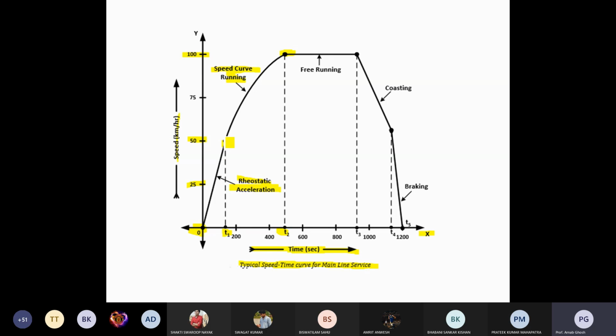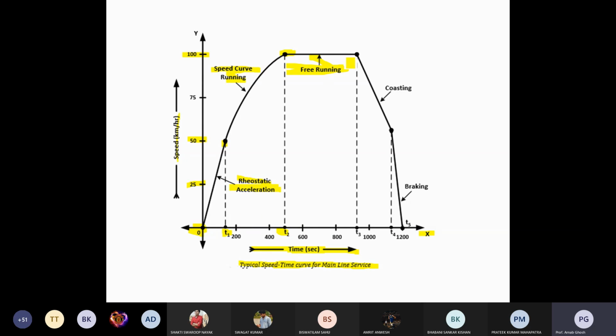After that you can think about the free running conditions. Free running condition means you are not able to change anything, it is running up to that value. Again you have to calculate how much distance is pending for the next station. After doing all those calculations, you have to go for coasting. Coasting means again you can think about regeneration, regenerative braking.